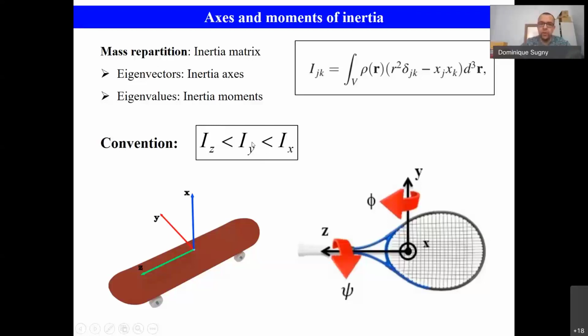So not the lowest or the highest inertia moment, but the intermediate one. It's a second piece of information that we use to describe the rotation of a rigid body.